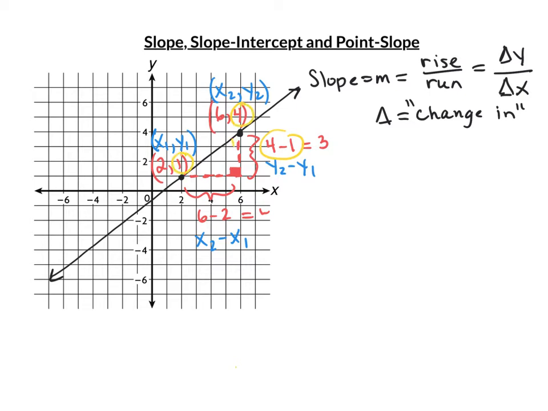That's the distance, 1, 2, 3. And on the horizontal for the x, I subtracted the x's, the 6 and the 2, 6 minus 2, and that gives us 4.